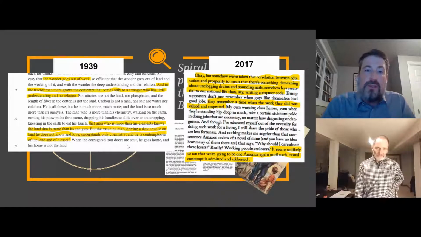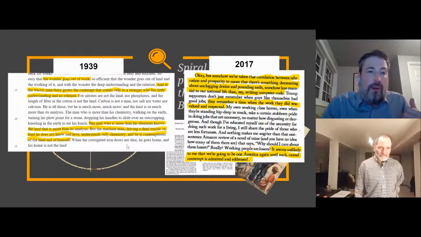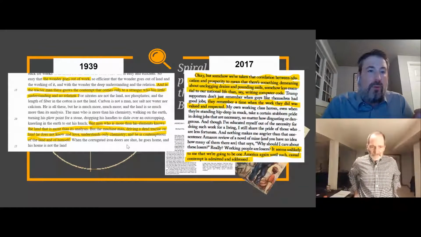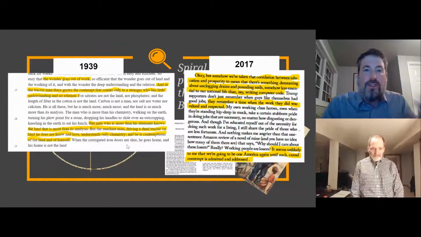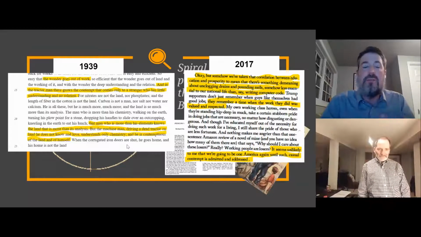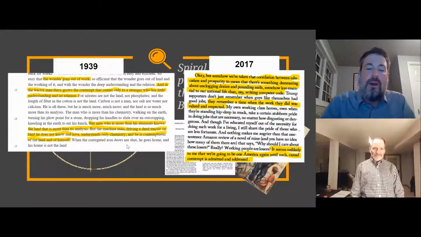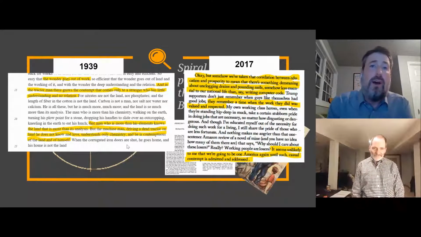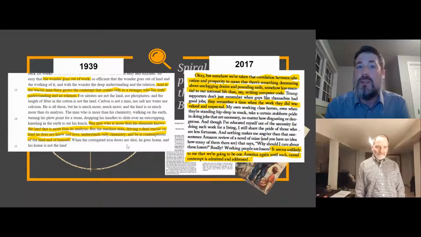So in 1939, Steinbeck's writing about the separation of man from Earth with technology, the contempt that only comes to a stranger who has little understanding and no relation when that machine is there. He's contemptuous of the land. And then in 2017, the writer Richard Russo wrote an essay in a collection called Two Americas.